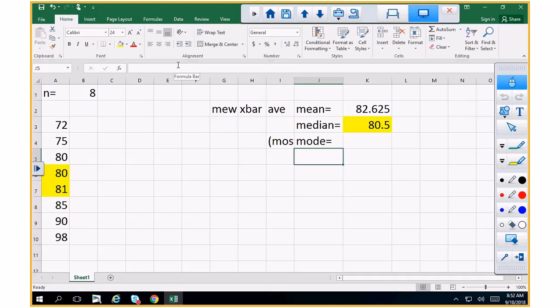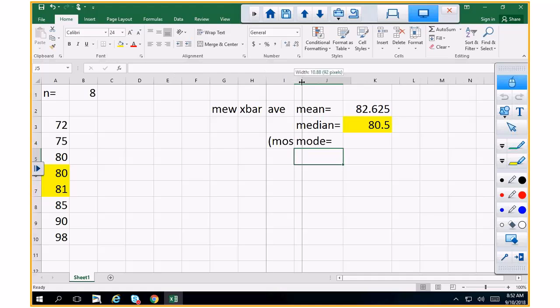If your data is valid, those three numbers are going to be very close together. If your data is all over the place, then those numbers are going to be far apart. The farther apart your numbers are, the larger your standard deviation is going to be. The closer your numbers are, the tighter your standard deviation will be. You'll see that in just a minute because I'm going to show you.